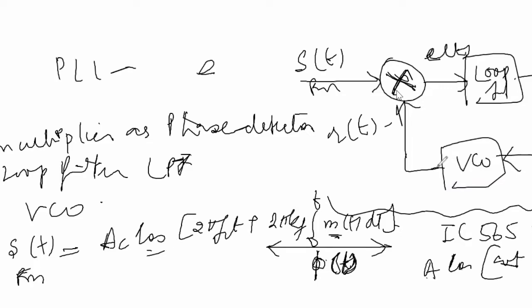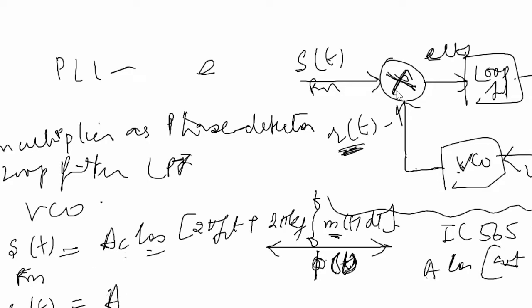Similarly, the output of the VCO, as I just now discussed, will be another FM only, because the principle of VCO is the same as FM. The output frequency of this VCO is controlled by the input voltage V of t. So the output equation of the VCO, r(t), is similar to that of FM.